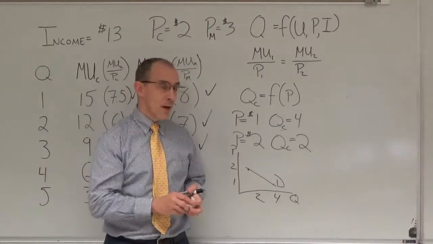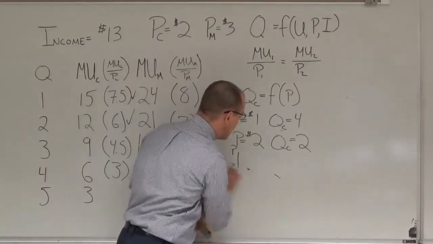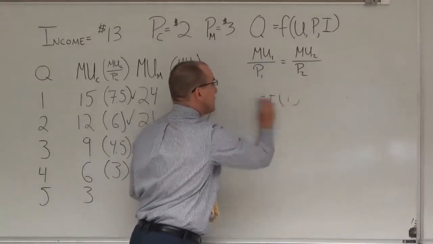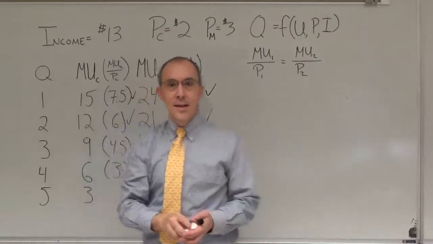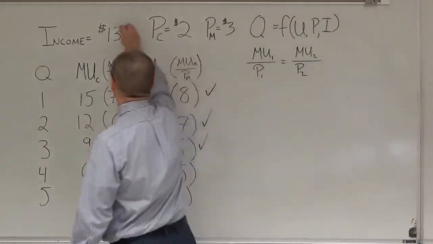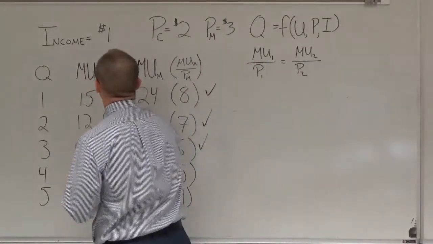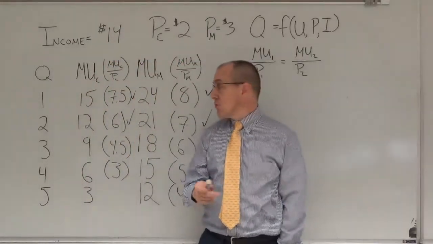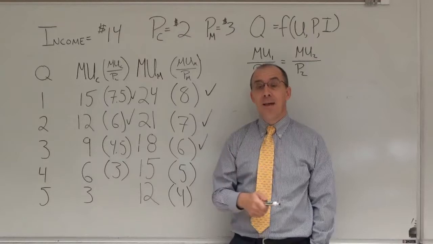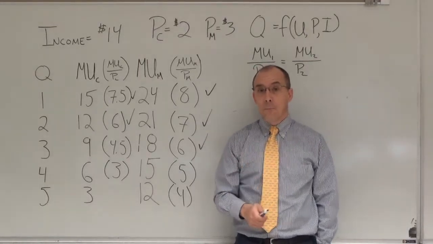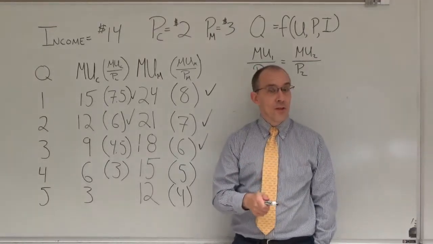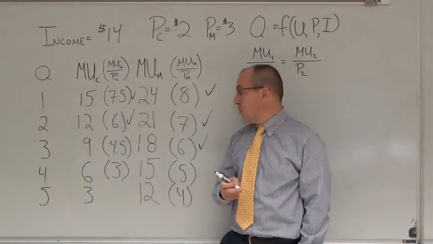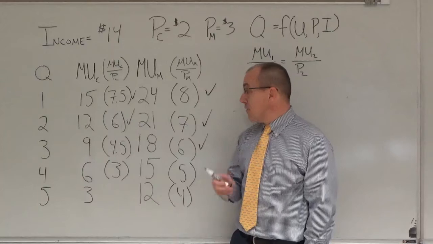One last thing to point out. Let me erase this. Let's assume that for some reason, Cookie's income changes. He now has more money, right? Instead of having $13, we're going to give him $4 additional dollars. How will he spend that additional money? Well, we're going to assume first that he gets no utility from saving money. If he has no utility from saving money, how is he going to spend that?